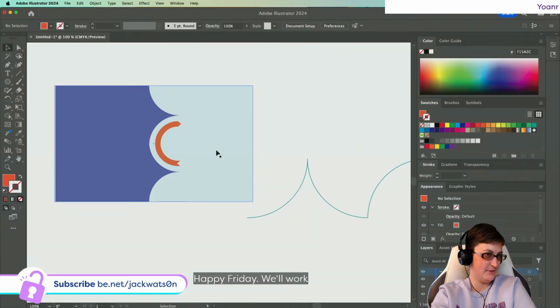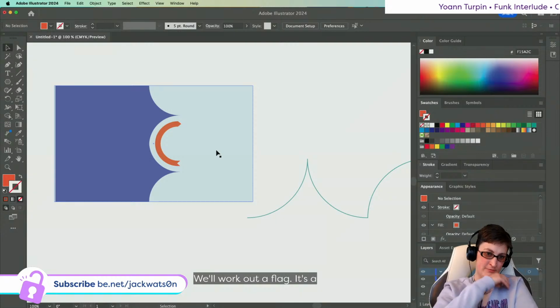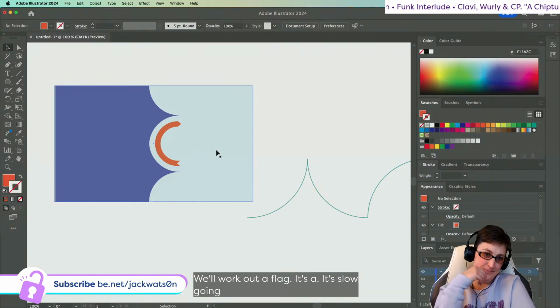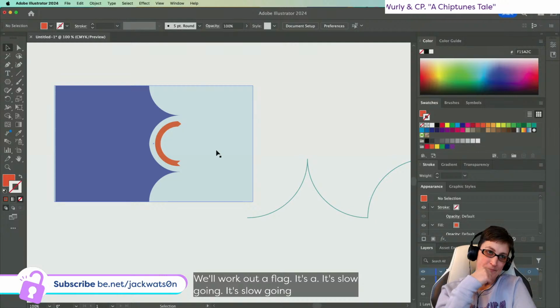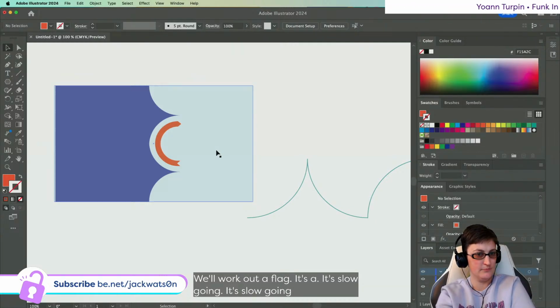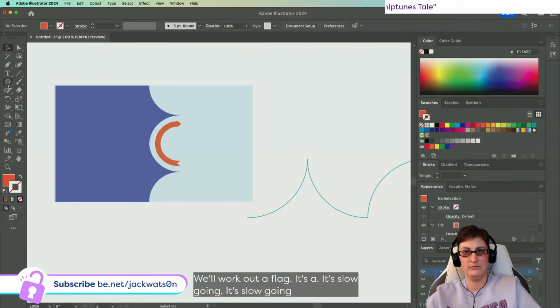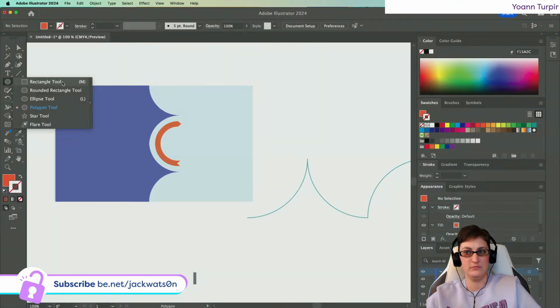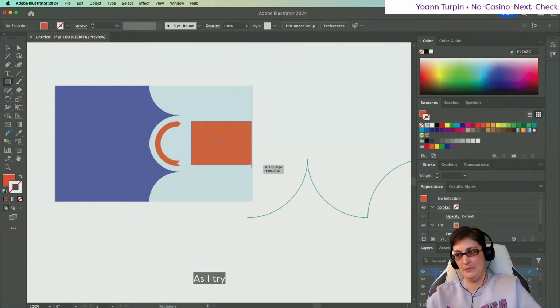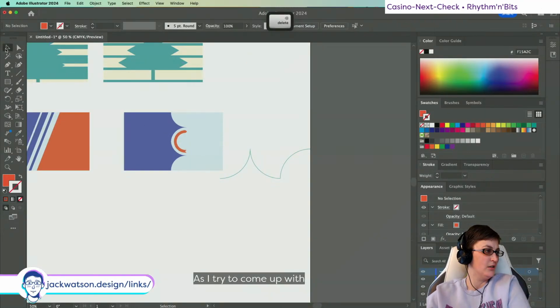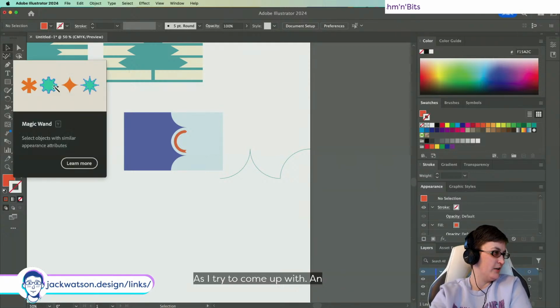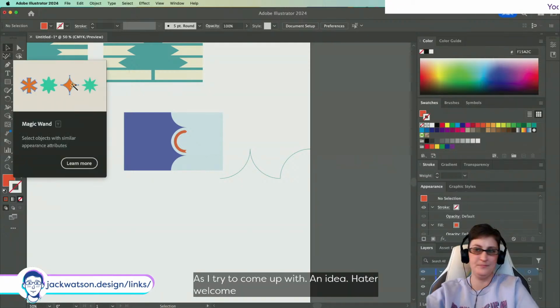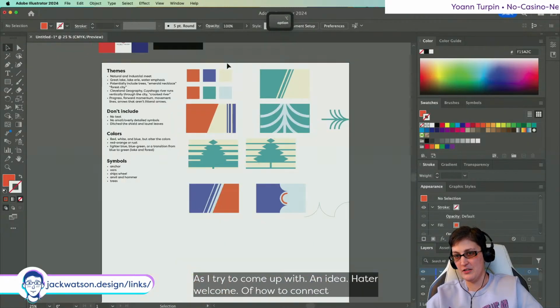We're working on a flag. It's slow going, as I try to come up with an idea of how to connect these.